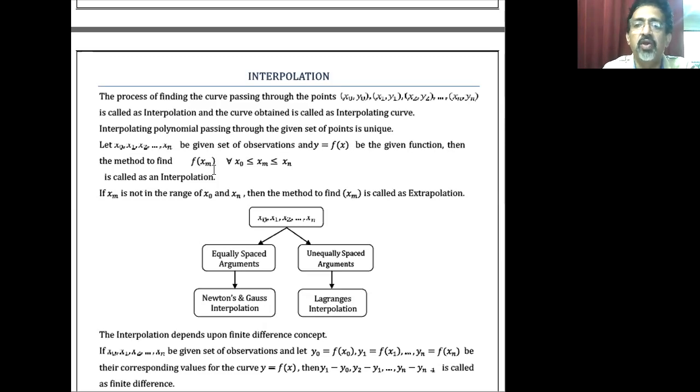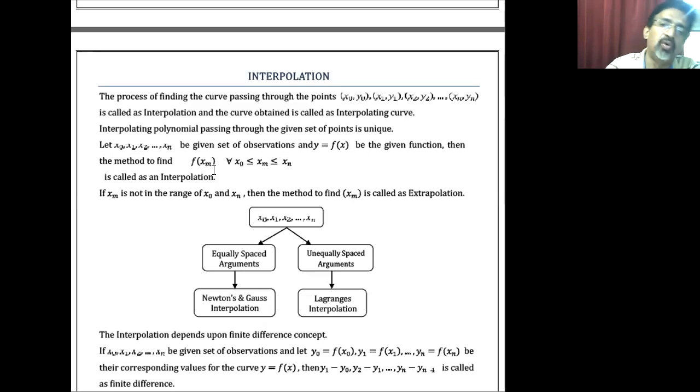x0, y0, x1, x2, so on, xn are tabulated points. Whereas if I give you one value of x which does not belong to these x0 up to xn, then that becomes the non-tabulated point.